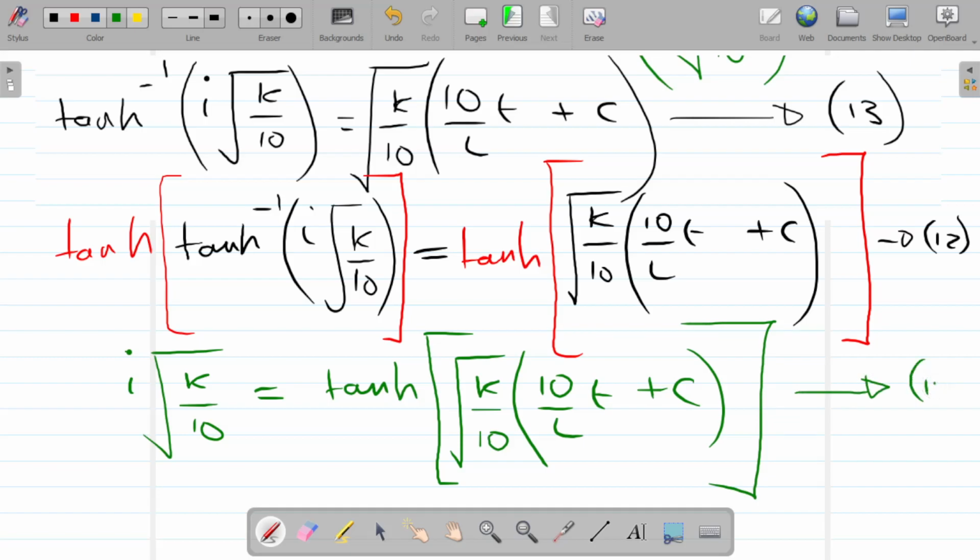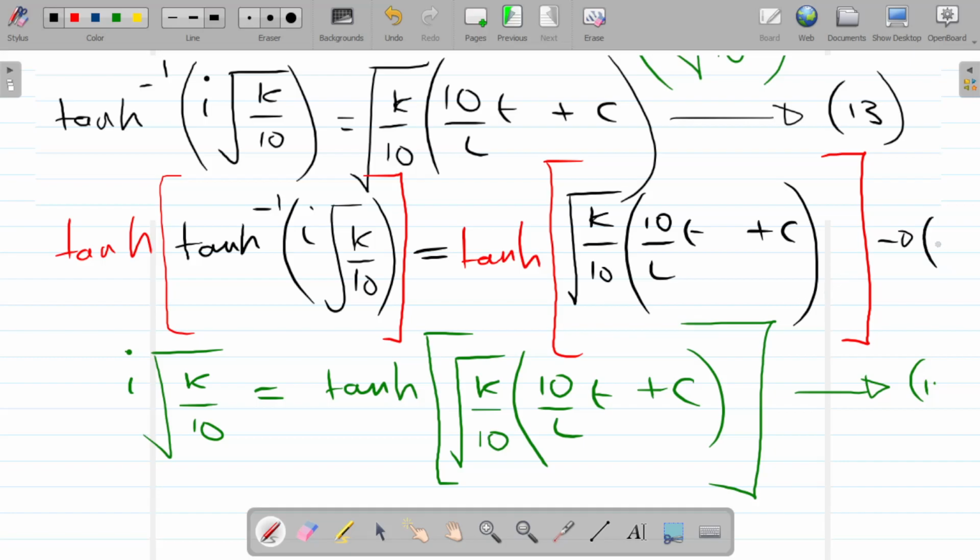Oh, what have I been doing? Well, that was equation 13. So in actual fact, I've mislabeled this equation, haven't I? So that should be, where's my pen? There we are.